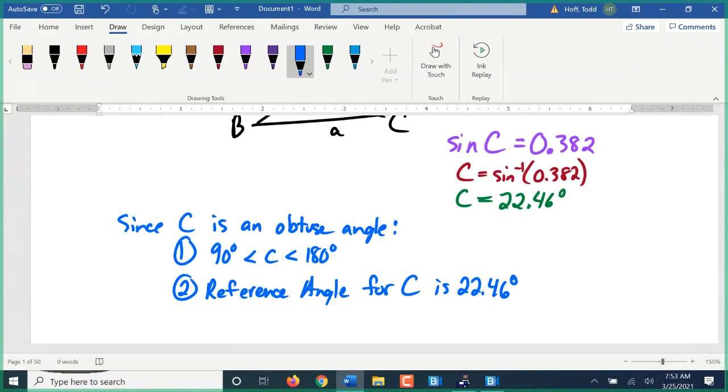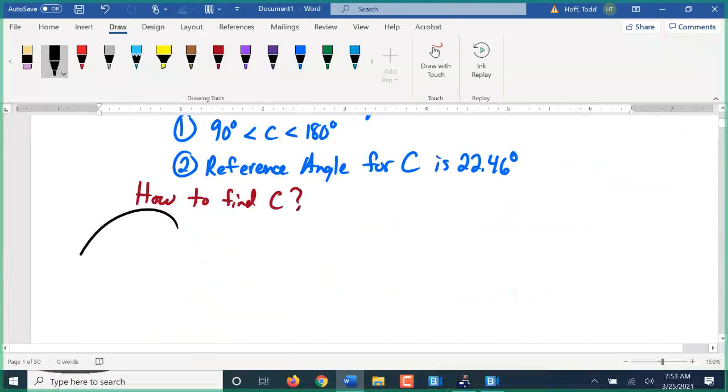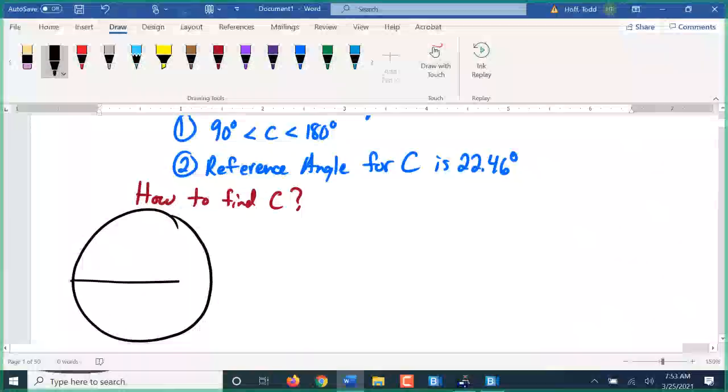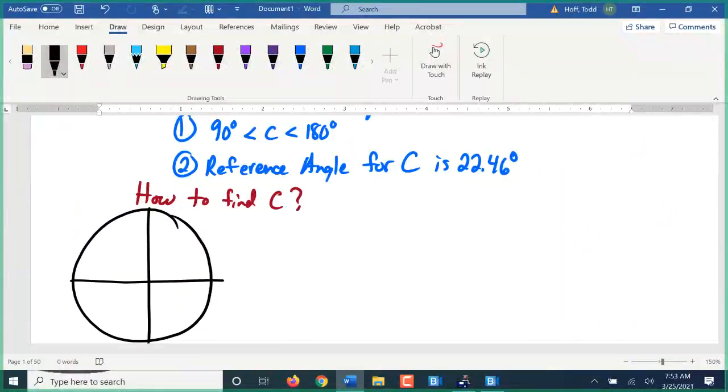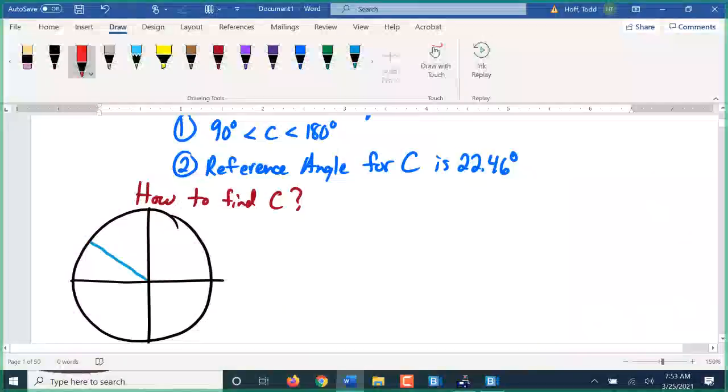So how do we find C? Well, if you recall from that unit circle, if this reference angle is 22.46 degrees, angle C is this angle.